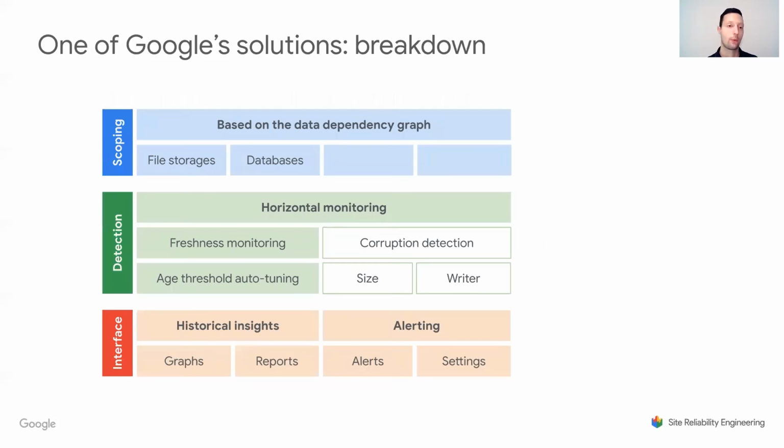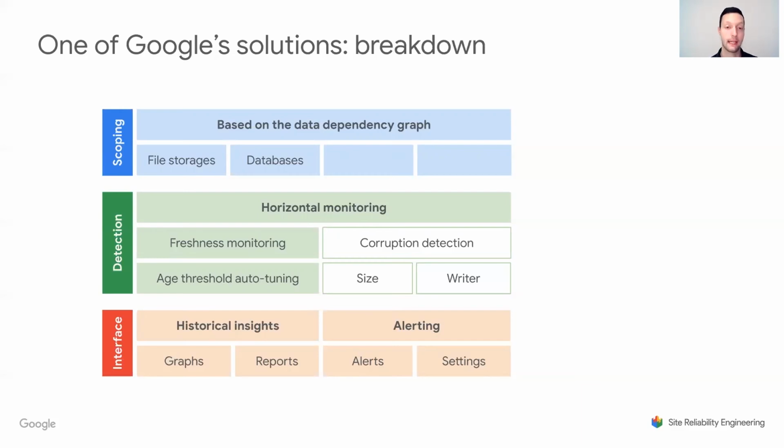I wanted to share with you one example of a monitoring solution based on this approach that we delivered internally in Google. So this is a feature breakdown, which consists of 3 major layers. The first one is scoping.